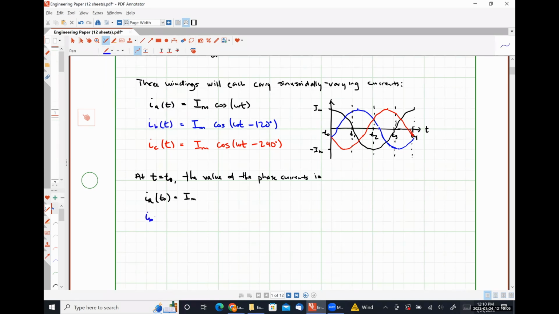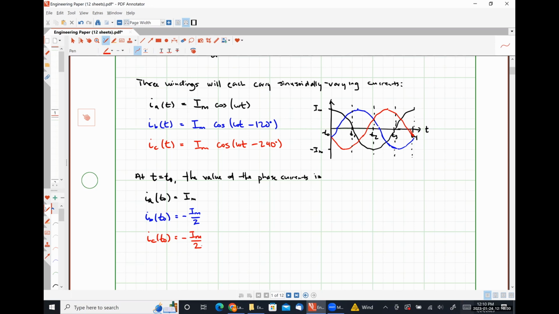IB is going to have a value of negative its maximum divided by 2. And similarly, IC at T naught will also have a value of negative its maximum over 2.